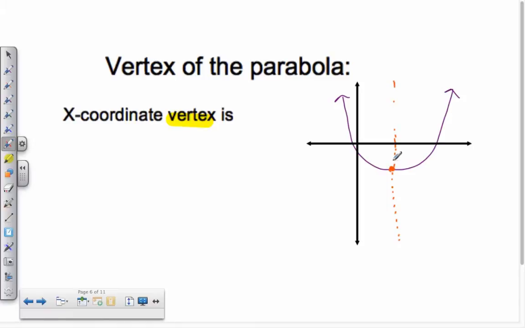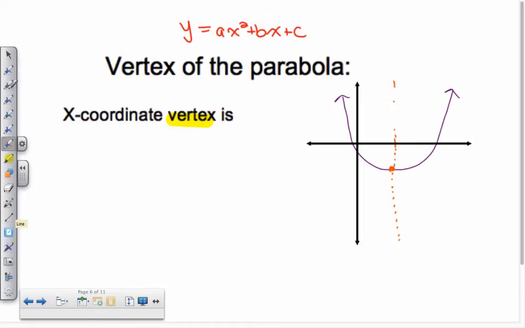Later on, we're going to look at the vertex form of a parabola. Right now we're going to look at just that standard form, and if I write that standard form up here, it's ax squared plus bx plus c. To find the x value of that vertex, you essentially are finding that axis of symmetry.